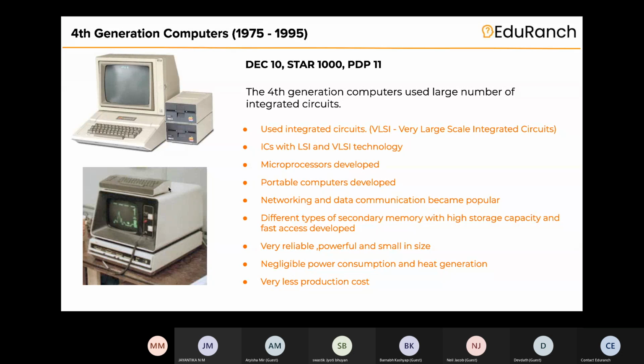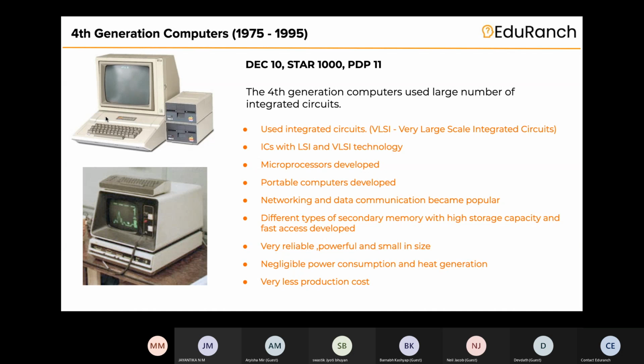In these computers, we used very large scale circuits, a lot of transistors in a small space. And by this time, the microprocessors were developed. There was a display unit, a CPU which has the microprocessor, an input device and all that stuff. This was a very portable device which was very reliable and powerful in computing needs.